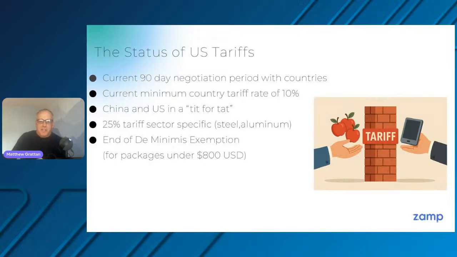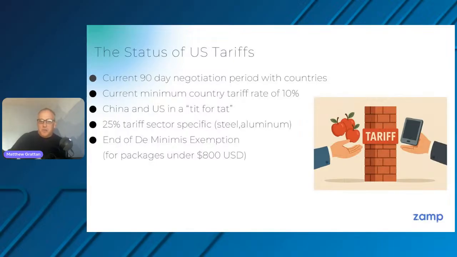And the last piece is the de minimis exemption, which there were 1.4 billion deliveries to the U.S. last year under $800. And that was exempt from tariffs, until recently. So you think about the volume of those packages and the impact as an international seller.